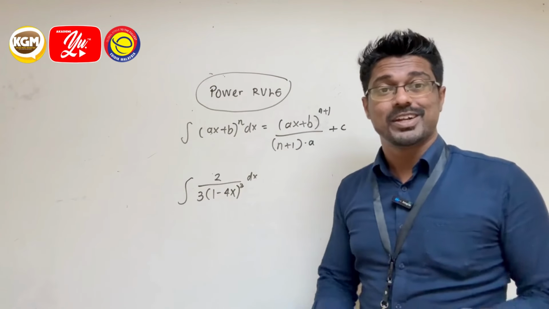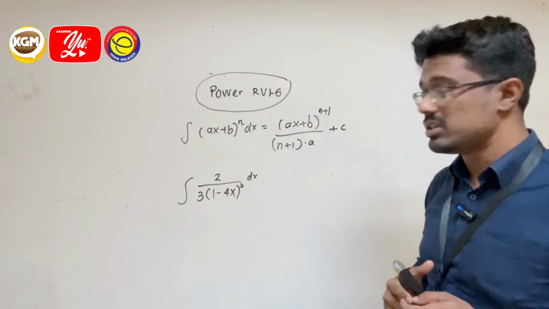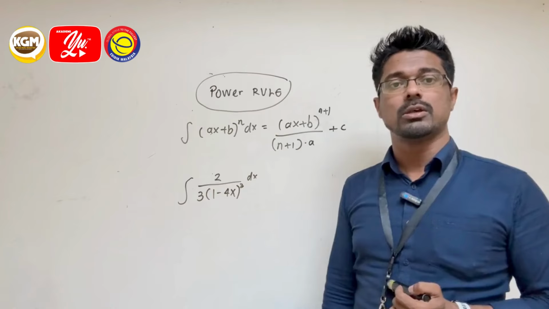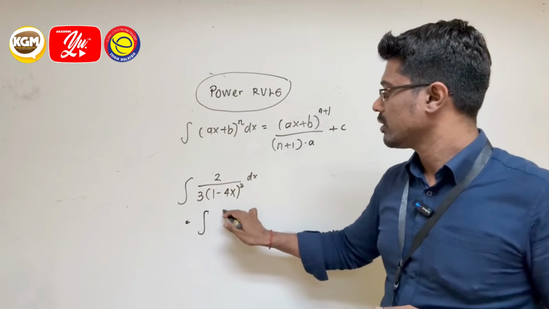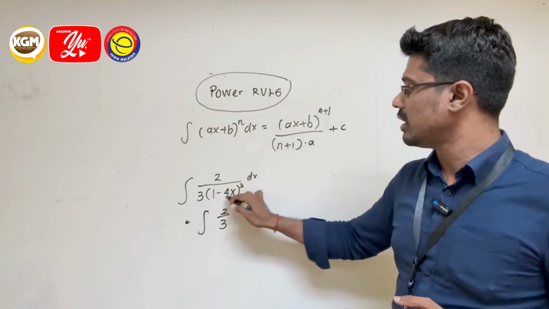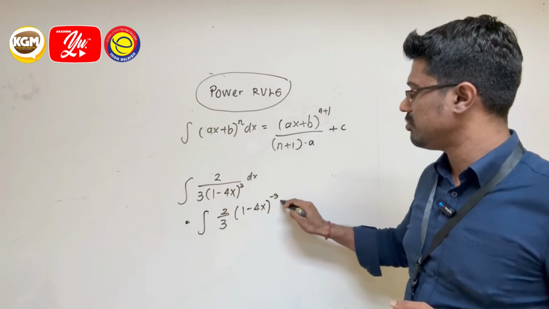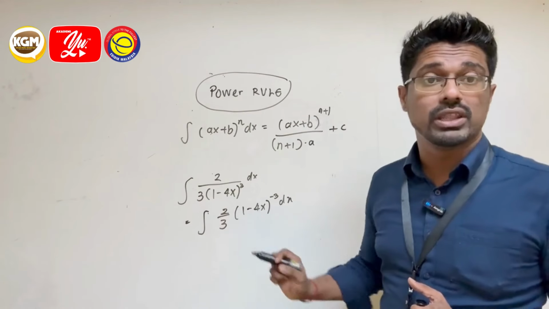Think. So this guy, 2 over 3, this guy you bring up. When you bring it up, the power becomes negative. That's the first step.